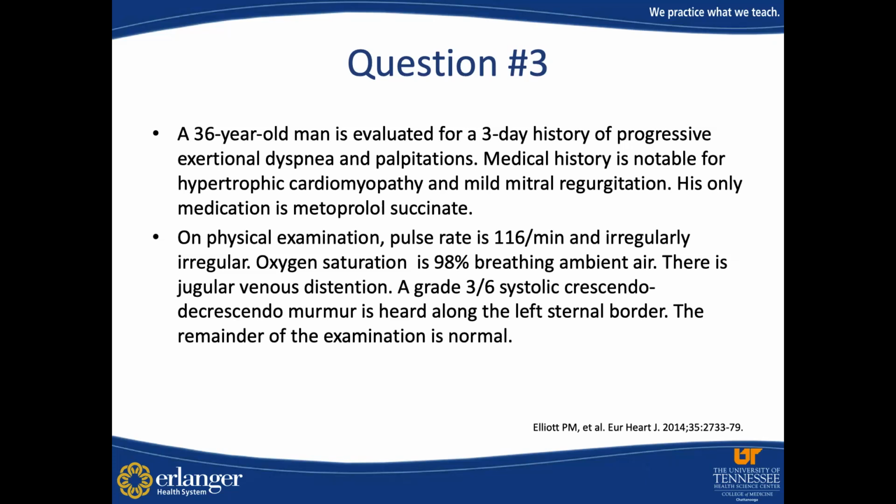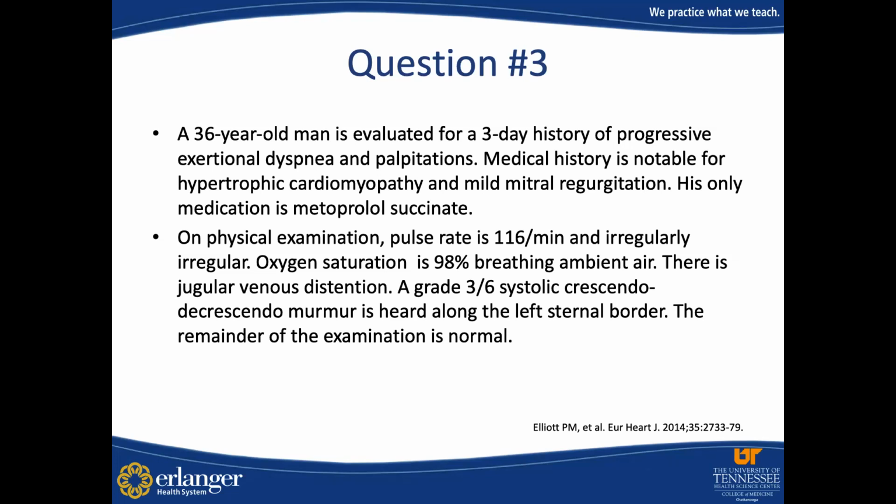On physical exam, he's tachycardic at 116 and has an irregular pulse. Oxygen saturation is fine on room air. He's got some JVD, a 3 out of 6 systolic crescendo-decrescendo murmur heard best along the left sternal border, and the rest of the exam is normal.